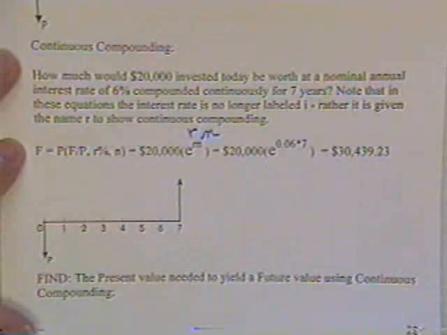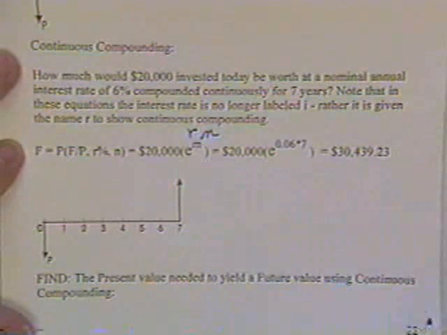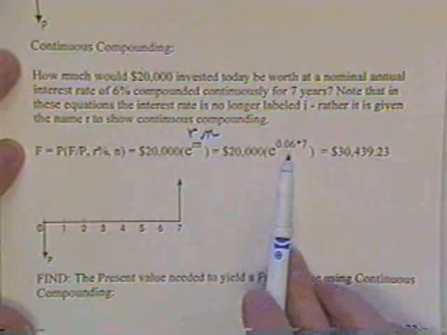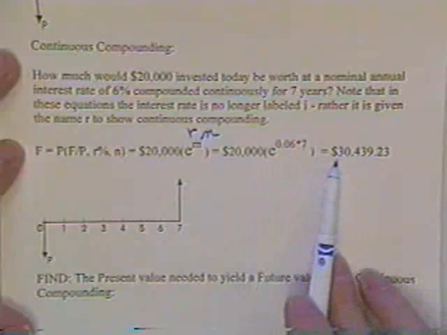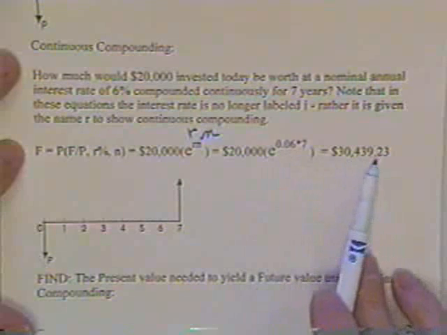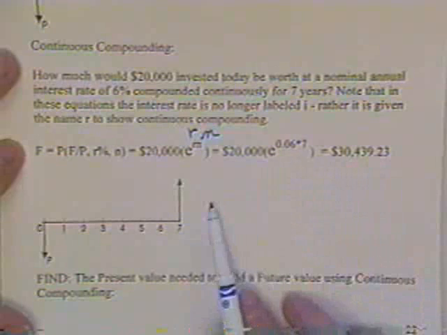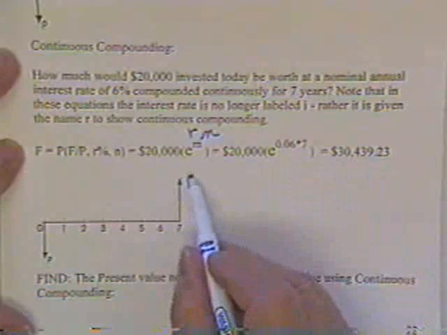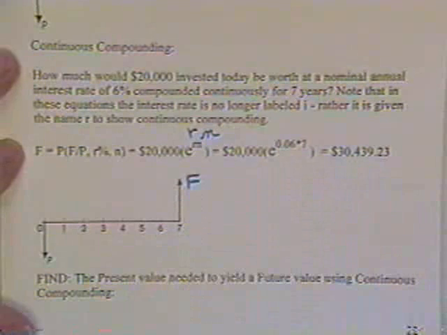What was that e? 2.7 something, don't remember. Whatever e is, kick it on your calculator, raised to the 0.06 times 7, and that gives you $30,439 as how much this is worth in the future.